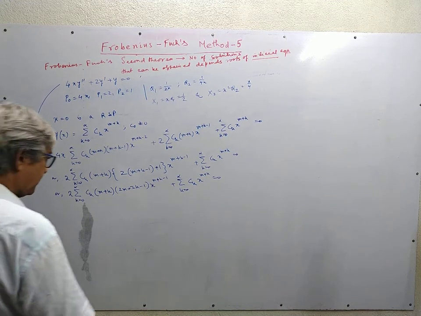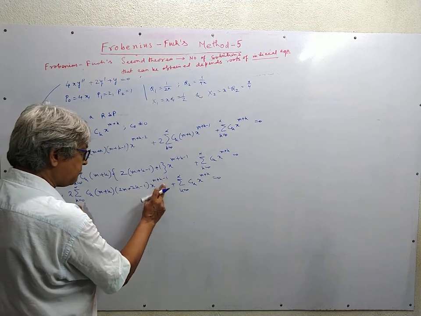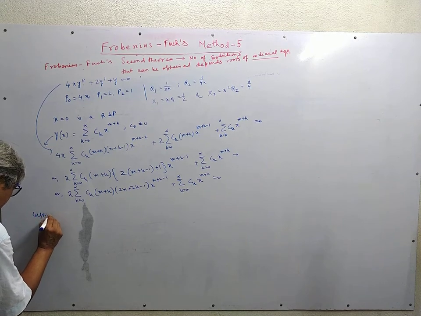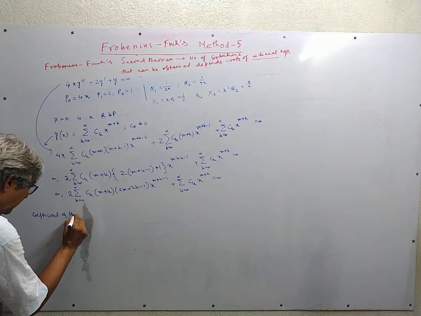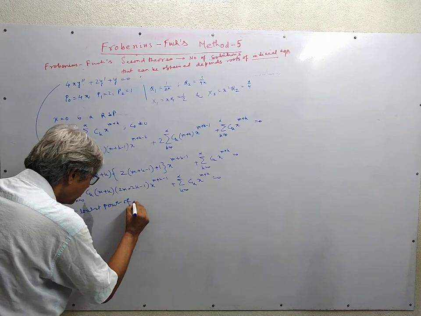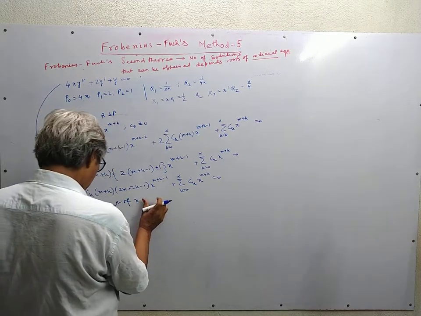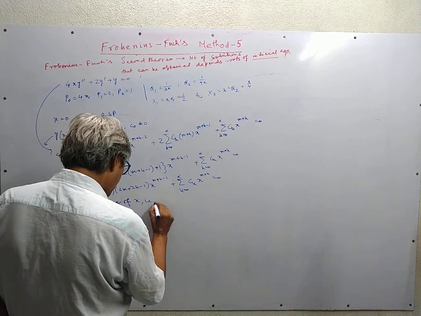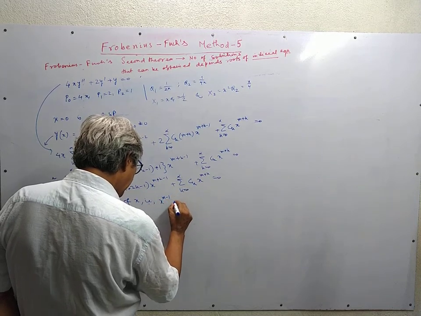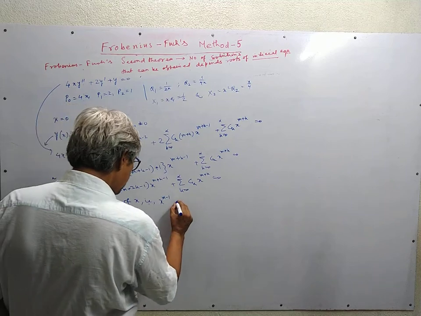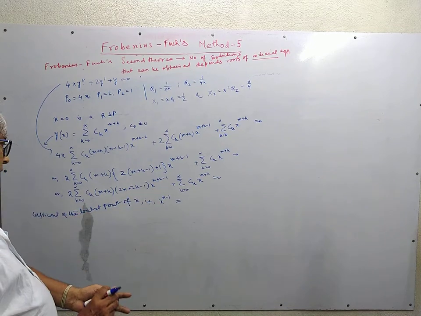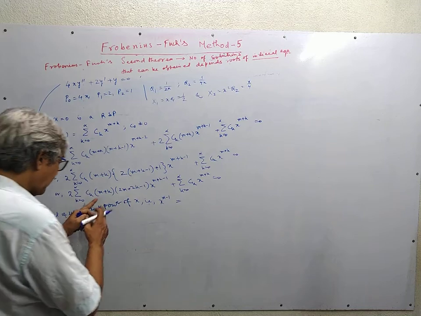The lowest power is x to the power m minus 1, if we put k is equal to 0.